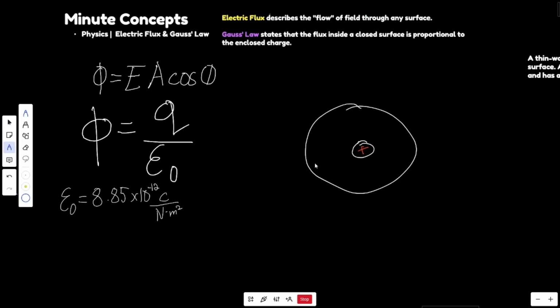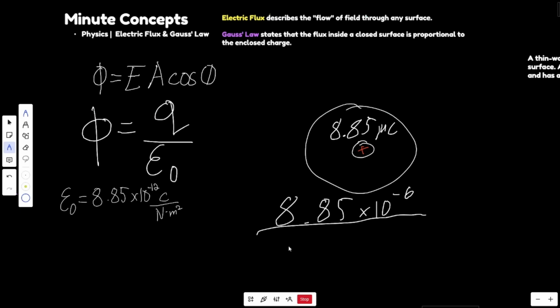What if I give this charge a magnitude of 8.85 times 10 to the power of negative 6, or basically 8.85 microcoulombs. So that's 8.85 times 10 to the power of negative 6. So I'll just put that over our permittivity constant, which is 8.85 times 10 to the power of negative 12.